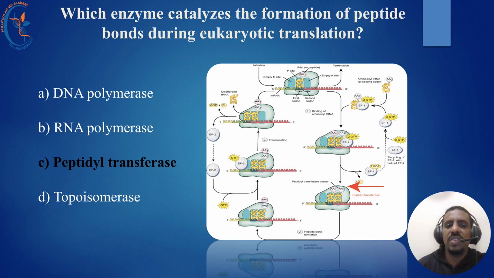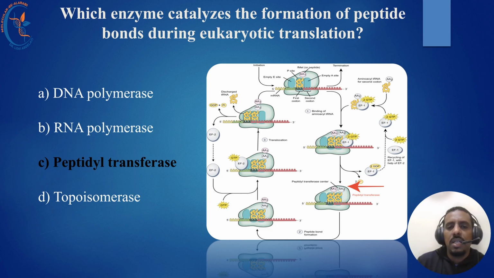This peptidyl transferase is found in the large ribosomal subunit, the 60S. It acts like a builder. It links amino acids together to form a protein chain, ensuring the growing protein is assembled correctly by catalyzing the formation of peptide bonds between amino acids.